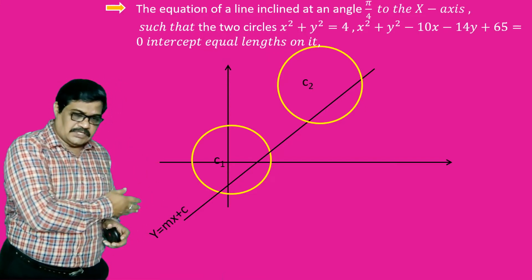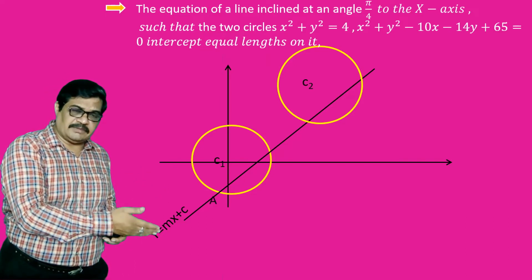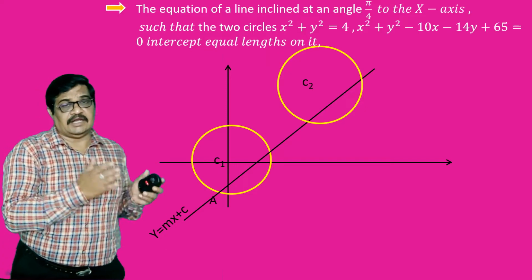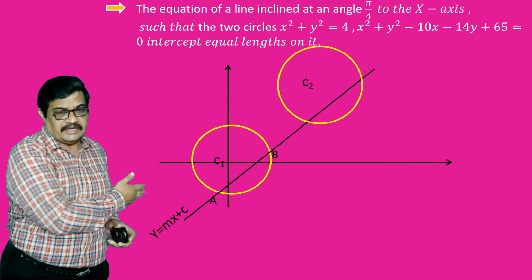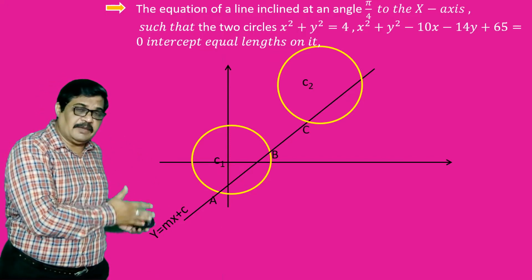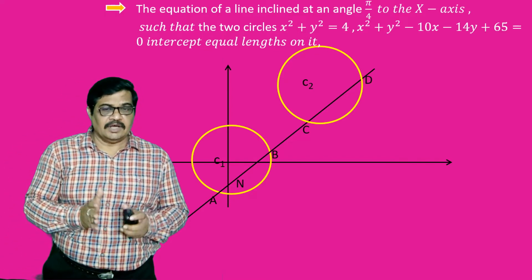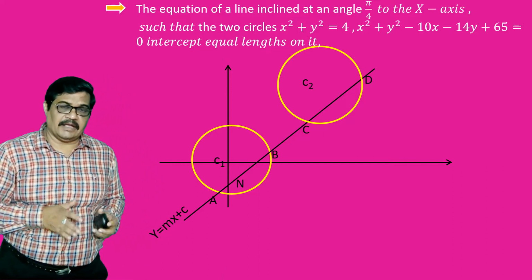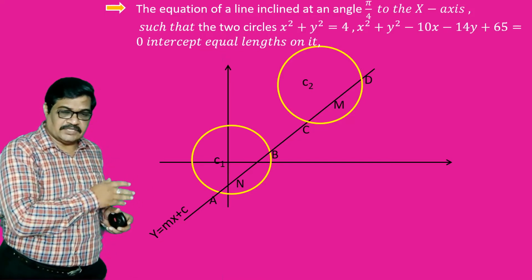The intercept made on the line by the first circle we take as AB, and the intercept made by the second circle we take as CD. AB is equal to CD is given, and also this line makes an angle pi by 4 with the x-axis. See the diagram.